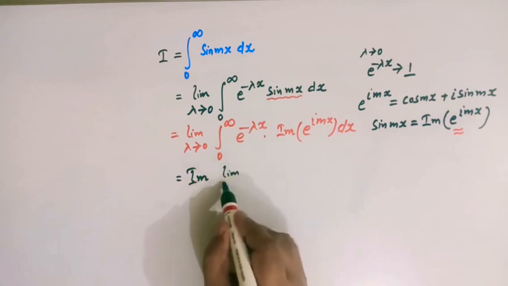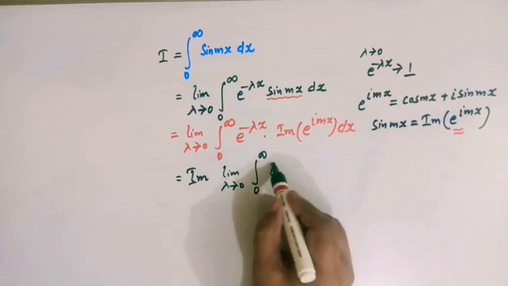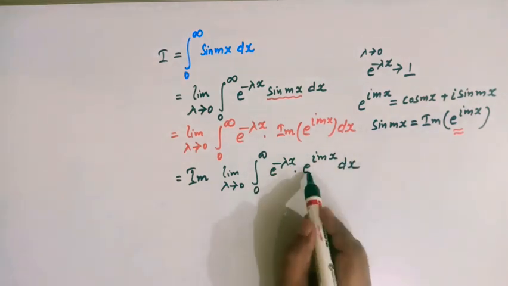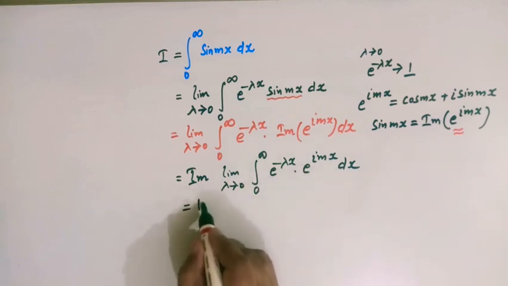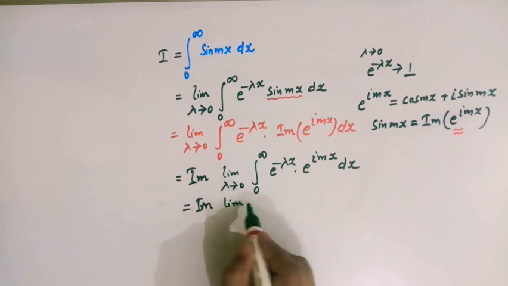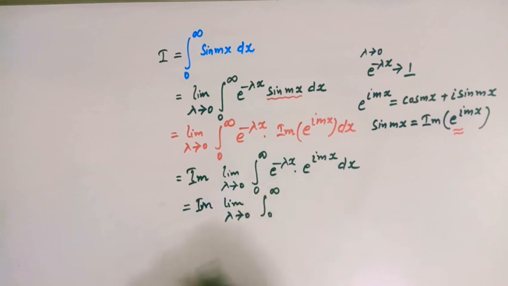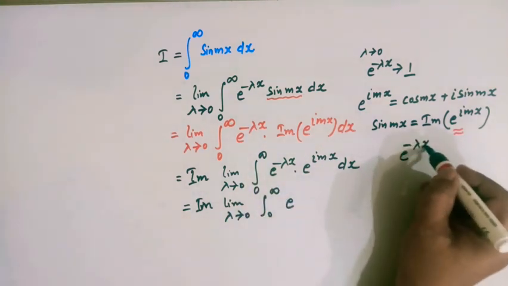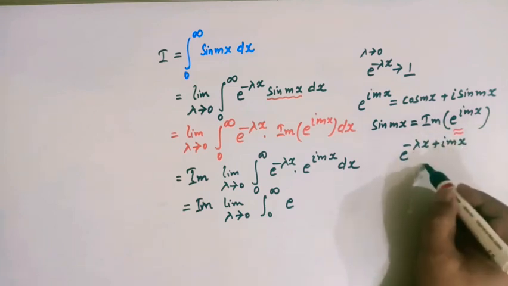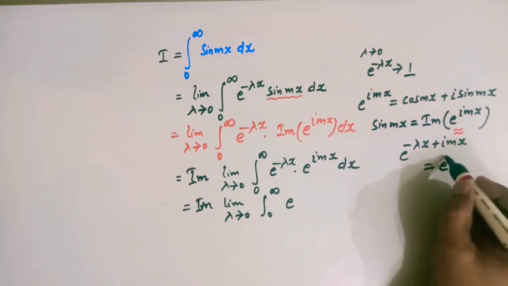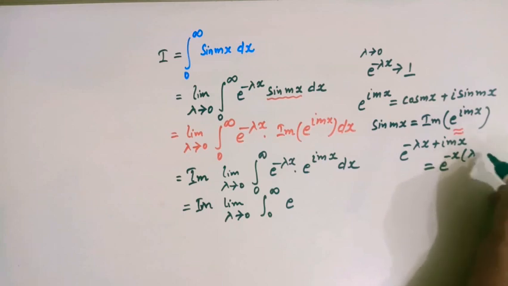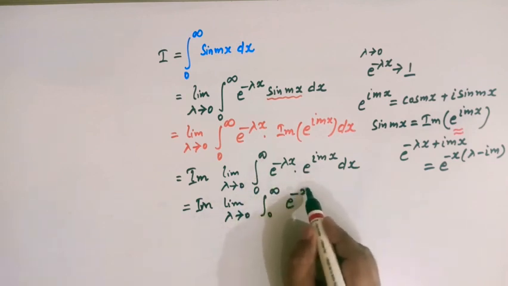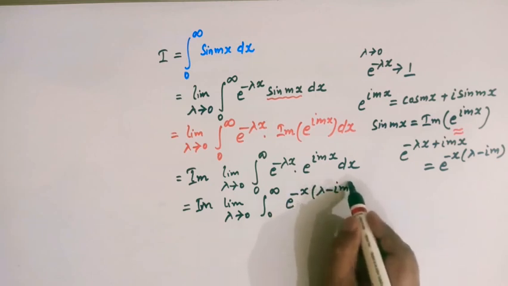Here we have two exponential terms, so we can combine them: e raised to minus lambda x plus iota mx, or we can write it as e raised to minus x times lambda minus iota m, dx.